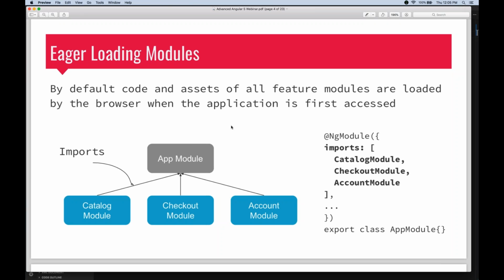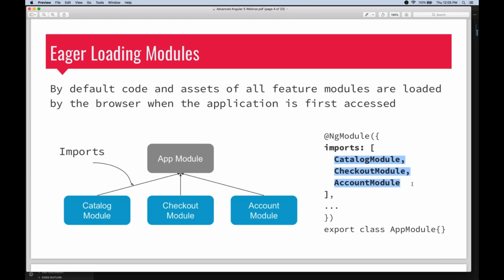So if you want to work like that, then you have to import these feature modules, like I'm doing on the right-hand side. I'm importing these feature modules into the app module. Okay, that's the way things are normally done. And when you do things like that, all your feature module code and assets like CSS, images, and things like that will be eagerly loaded by the browser.